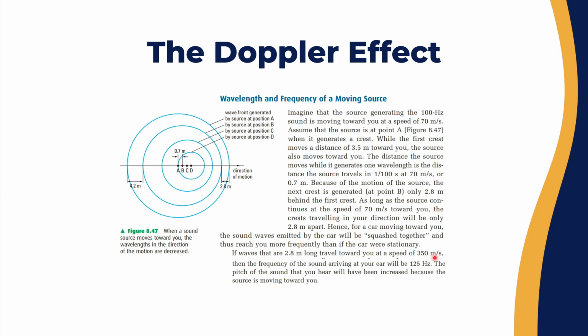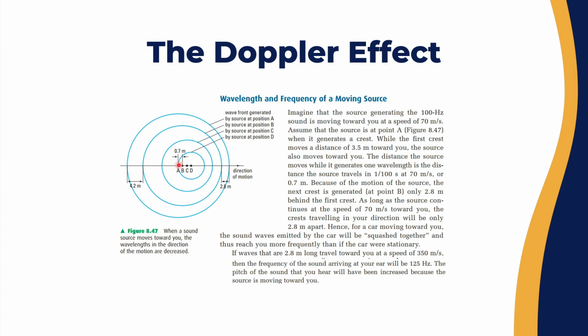Imagine that the source is generating a 100 Hz sound, and the source is moving towards you at a speed of 70 meters per second. Assume the source in this case is at point A when it generates the hump of the positive wave. While the first hump moves a distance of 3.5 meters towards you, the source also moves towards you.